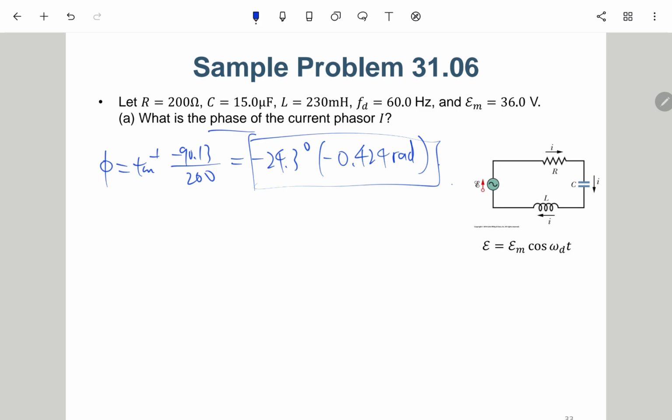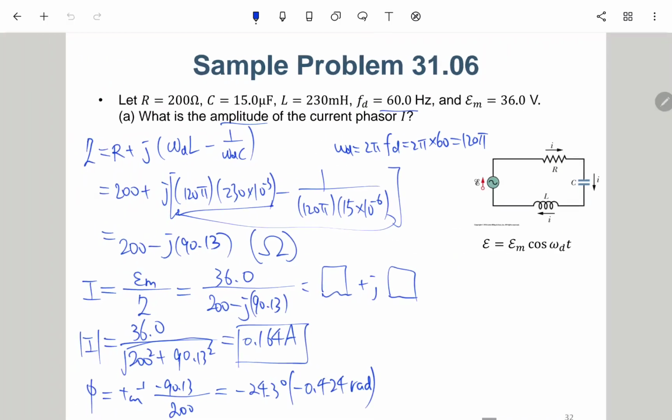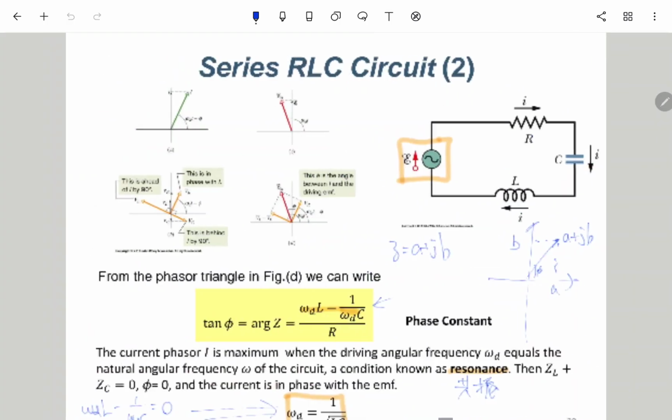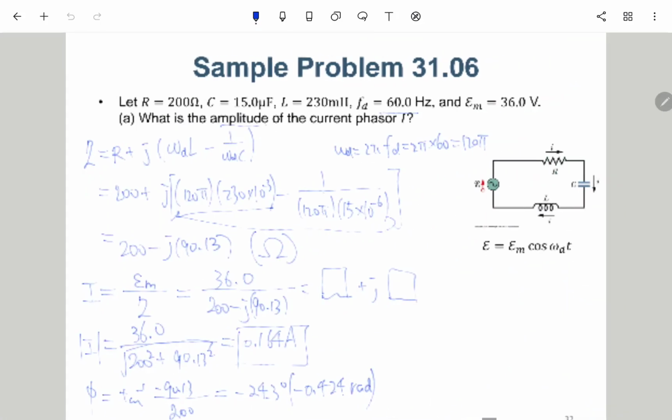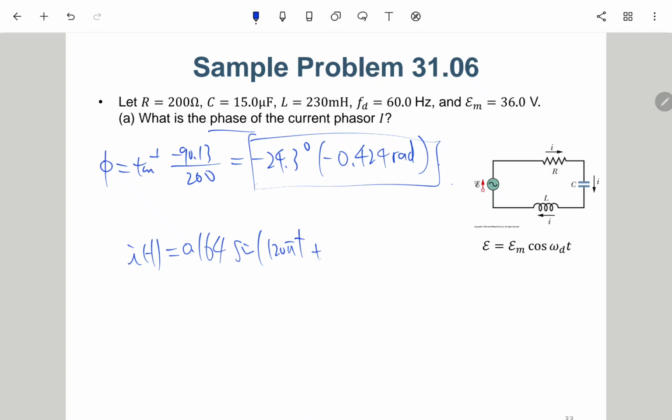If we already have this, we can directly write out i(t). Although the question doesn't really ask for it, according to the formula before, omega_d is 120 pi, so i(t) is 0.164 sine of 120 pi t, minus negative 0.424, so it becomes plus 0.424, in amperes.